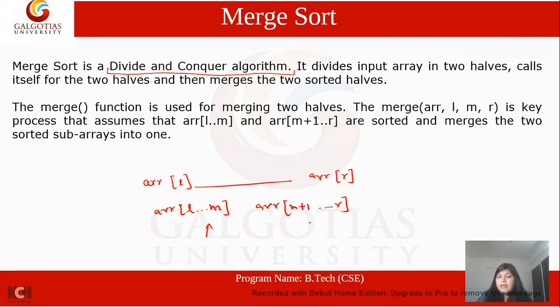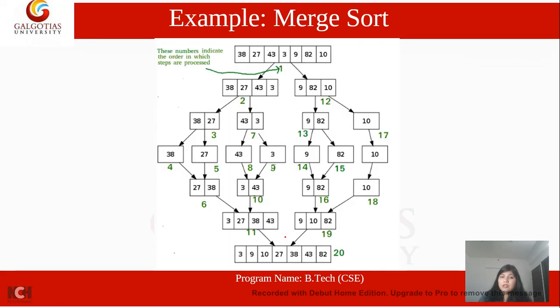This is sorted and this is sorted. So if we merge these two sorted halves, we'll have the end result as a sorted array. Let us see this with one example so that it will be very clear.